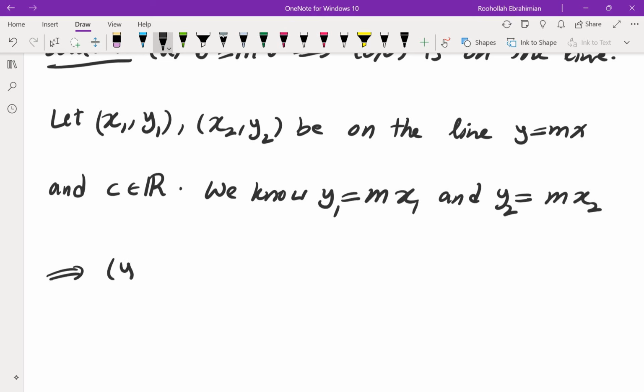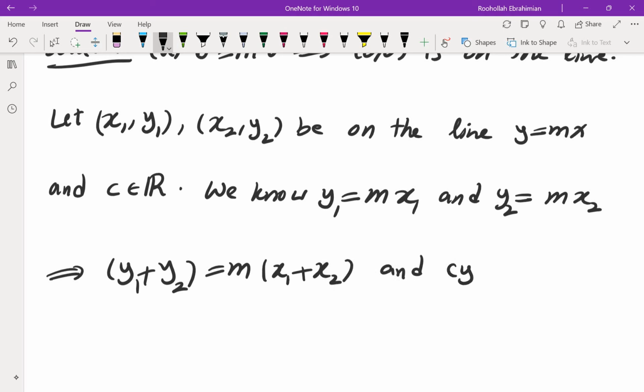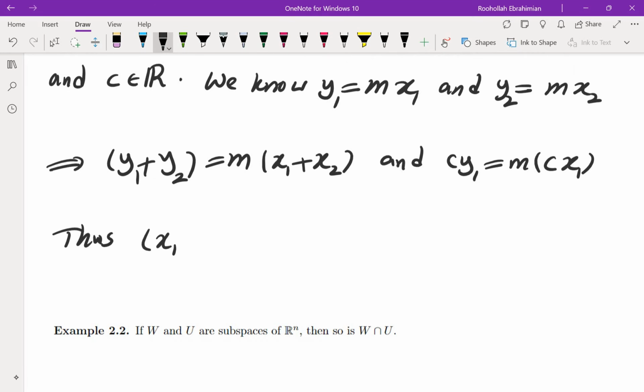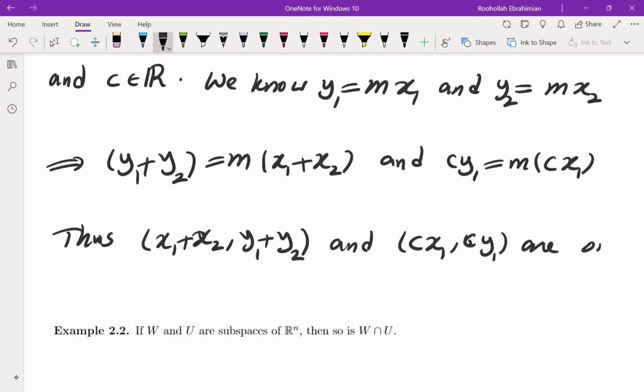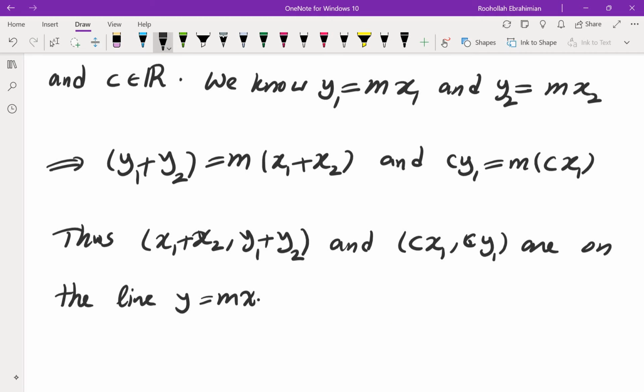So if I add them, I get y1 plus y2 is m times (x1 plus x2), and I can multiply by c: cy1 is m times cx1. So that tells us that the sum and the scalar multiple, (x1 plus x2, y1 plus y2) and (cx1, cy1), are on the line y equals mx.